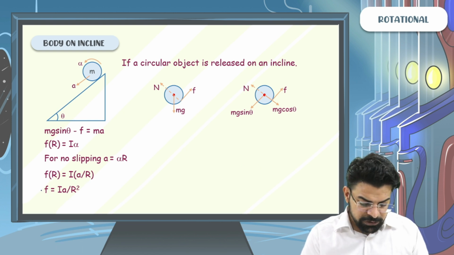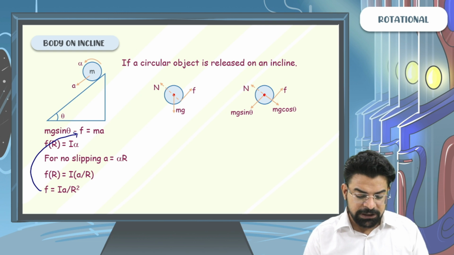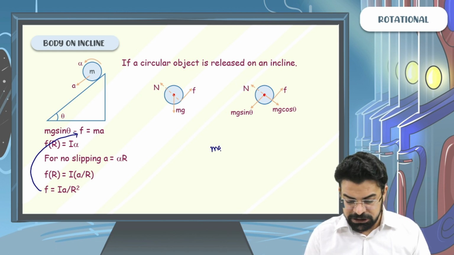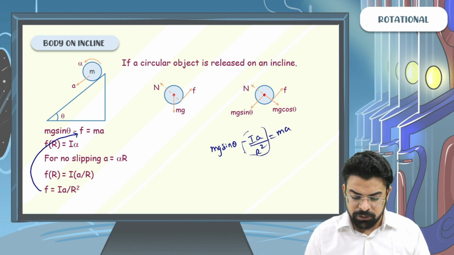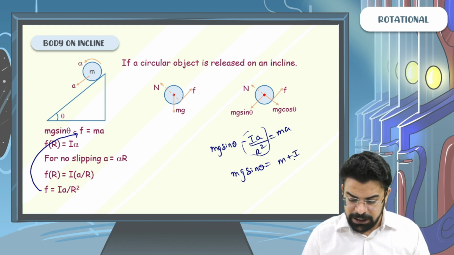Now, if you substitute this friction force in the first equation, you will get mg sin θ − I·a/R² = ma. Bring this term to the right hand side and you write mg sin θ = (m + I/R²)a.